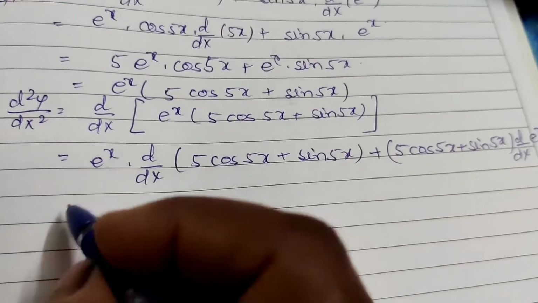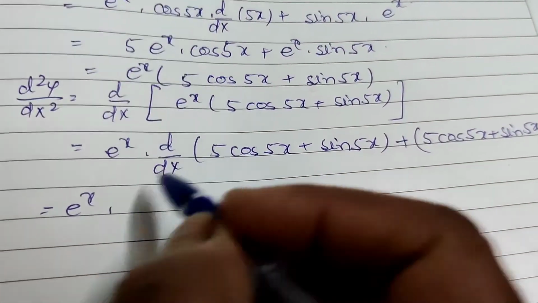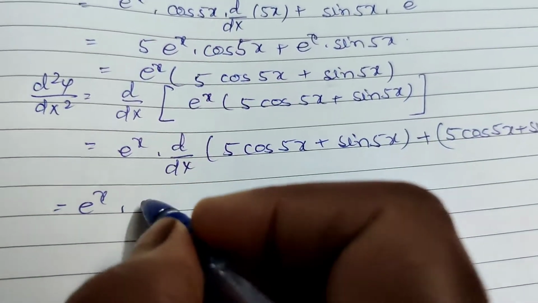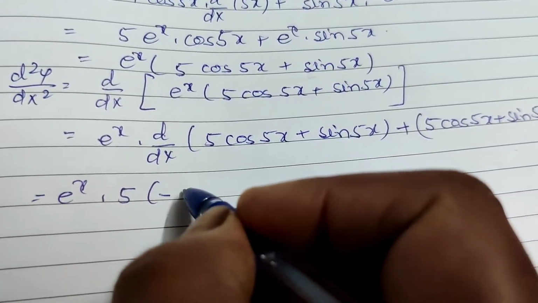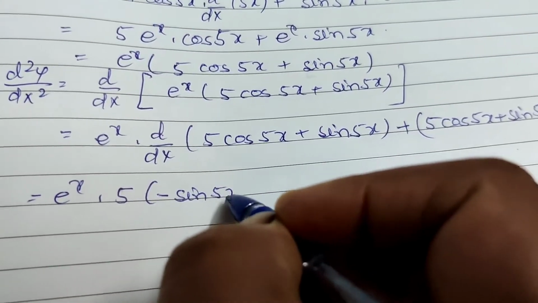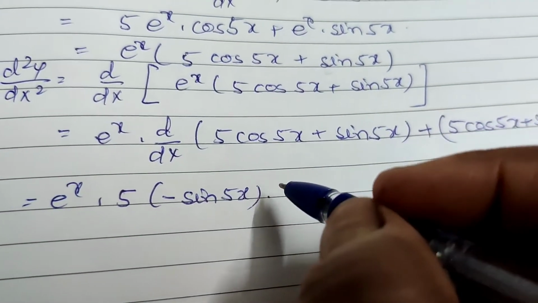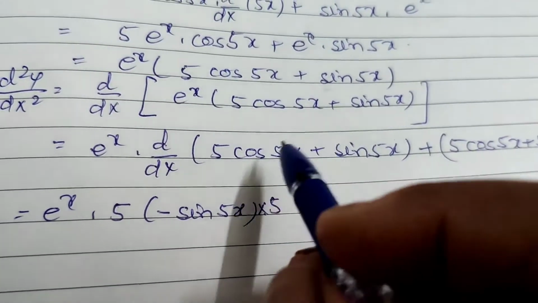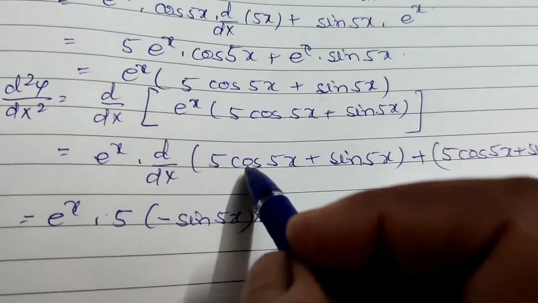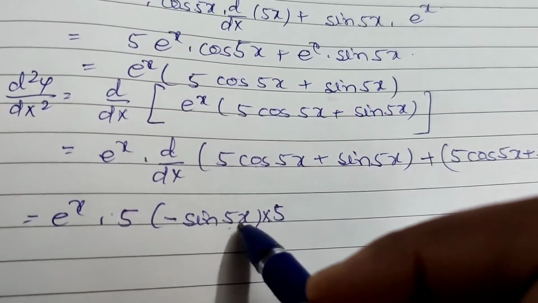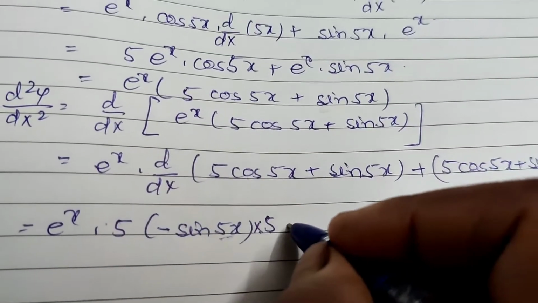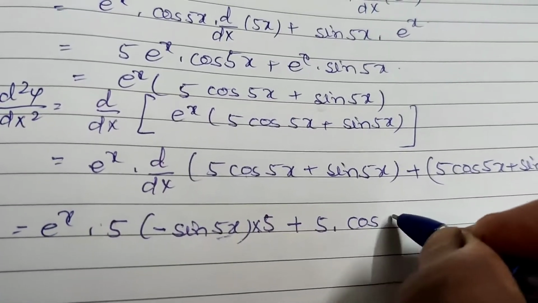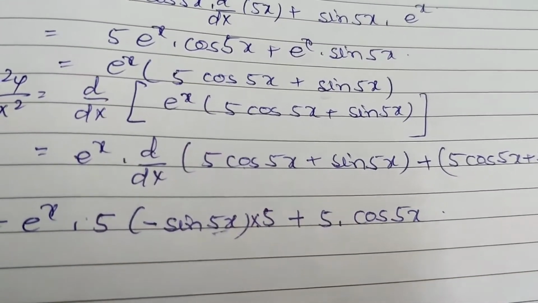Okay, it is equal to e raised to power x, the differentiation of 5 cos 5x is 5 times minus sin 5x and d over dx of 5x, which is 5. And sin 5x differentiates to 5 cos 5x.